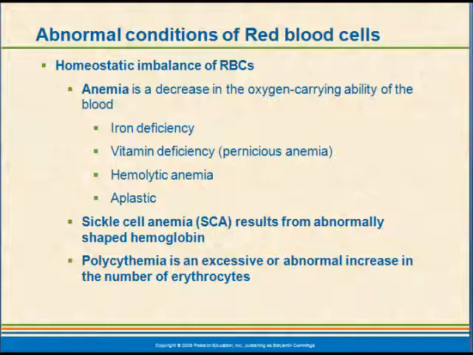There are vitamin deficiencies, B12 specifically, which results in pernicious anemia. Hemolytic anemias, where you have lost a lot of red blood cells. You can have hemorrhagic anemias, where you have, say, an ulcer that you're bleeding out. There's aplastic anemia, where the cells are just not quite the right shape and don't function well.